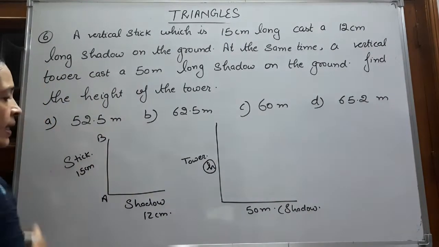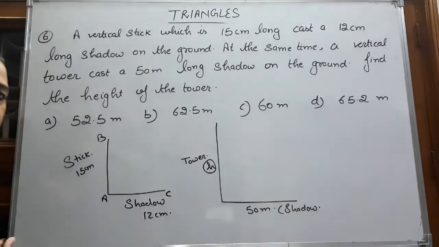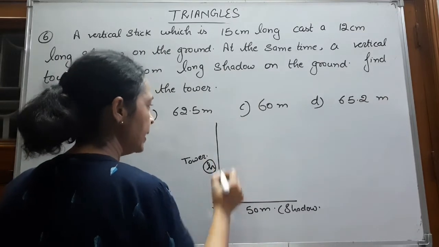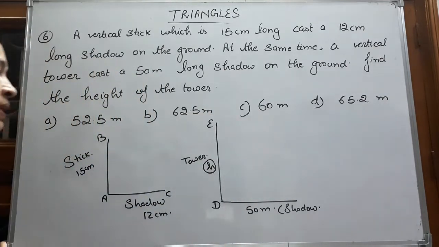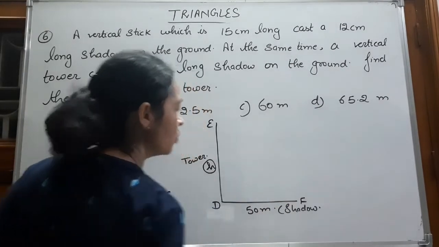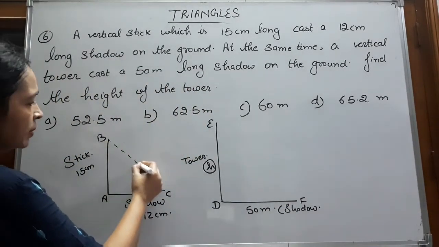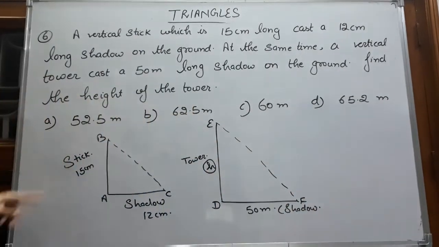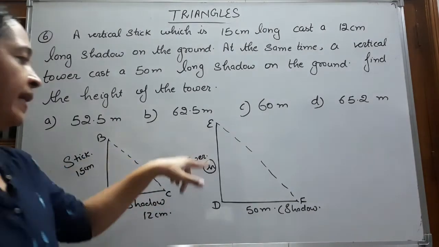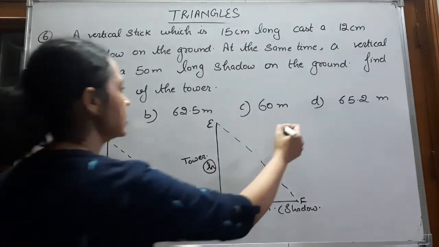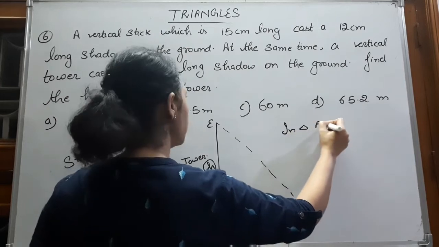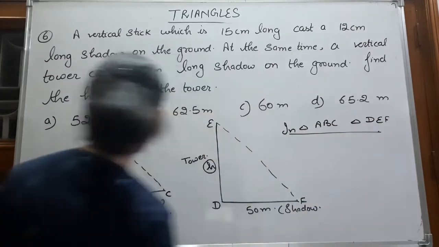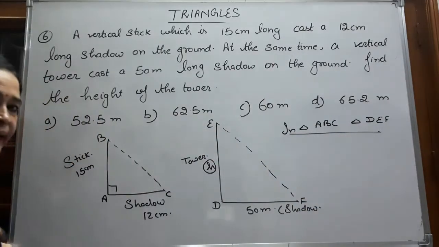Let AB be the stick and AC the shadow of the stick. Let DE be the length of the tower and DF the shadow of the tower. Join B to C and E to F. We have two triangles, triangle BAC and EDF. In triangle ABC and triangle DEF, this angle is 90.